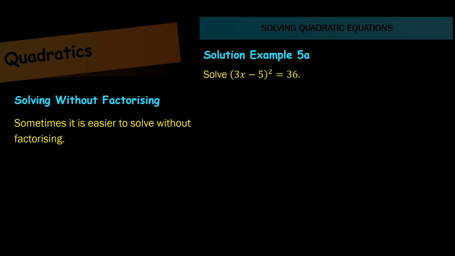Take a look at the left-hand side of the equation, where the x is. It's simply a square of the whole expression. So, if we square root both sides, let's see what happens.